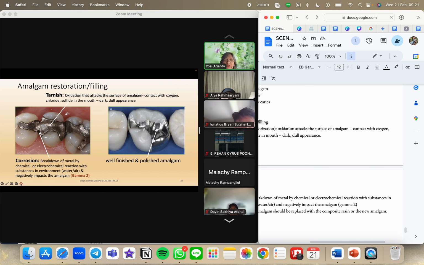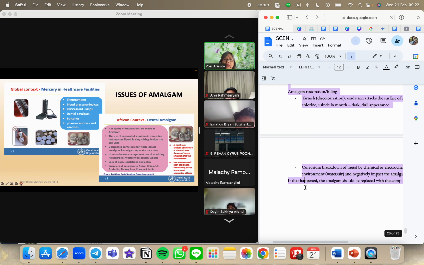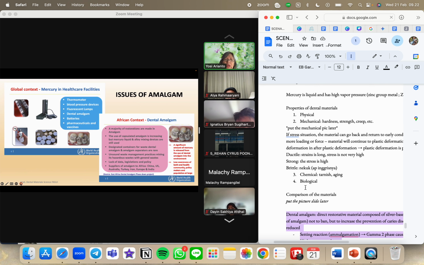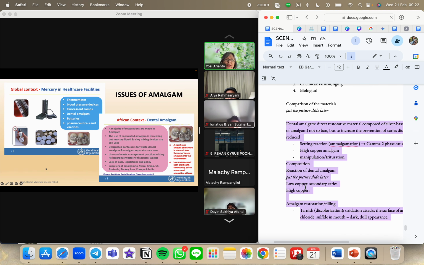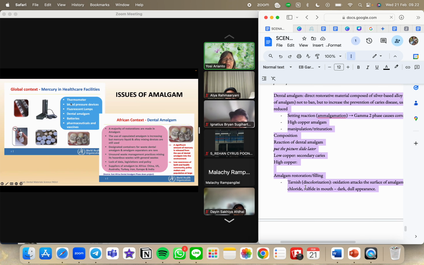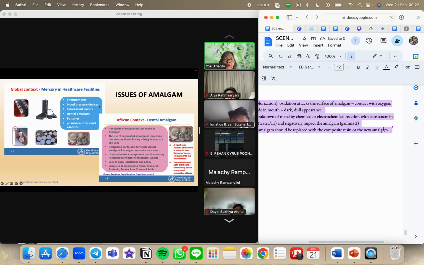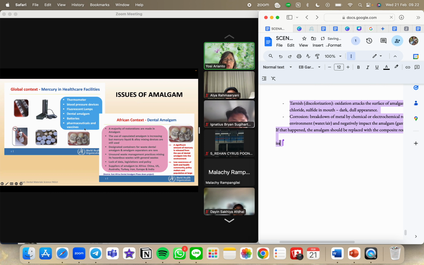Next, these are the issues of amalgam. Because of the reduction of health devices that contain mercury, such as blood pressure devices, fluorescent lamps, dental amalgam, batteries, or pharmaceuticals, it is not used anymore.